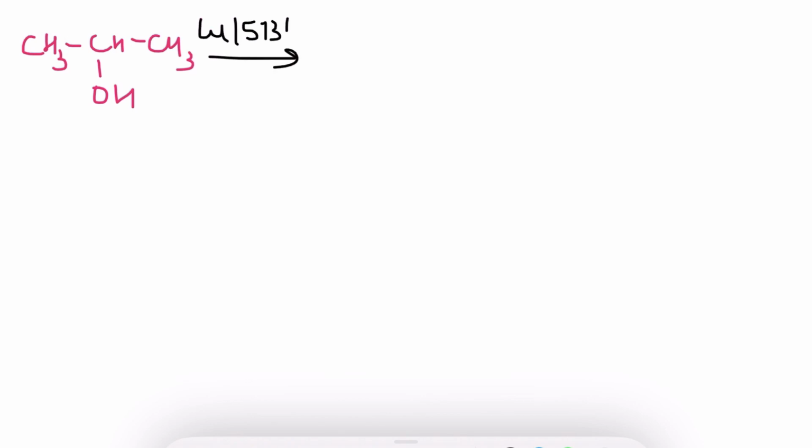Now let's take an example of a secondary alcohol. Secondary alcohols form ketone on dehydrogenation reaction. So let's take isopropyl alcohol or sec-propyl alcohol. This isopropyl alcohol on dehydrogenation reaction forms acetone.